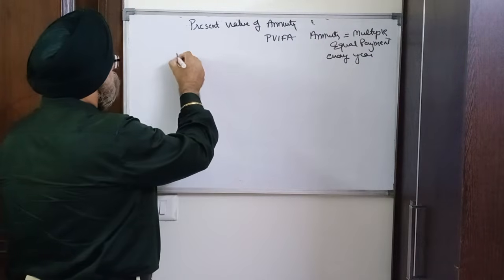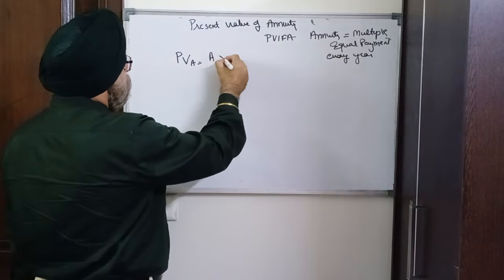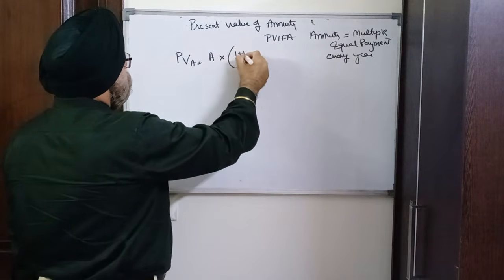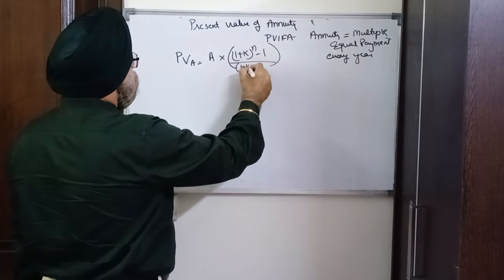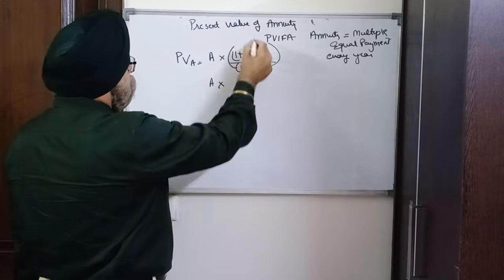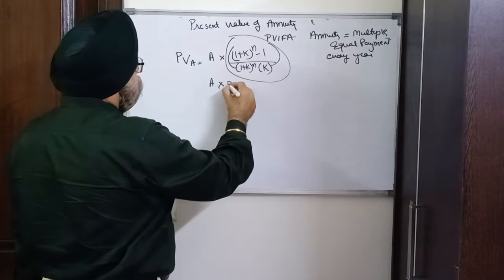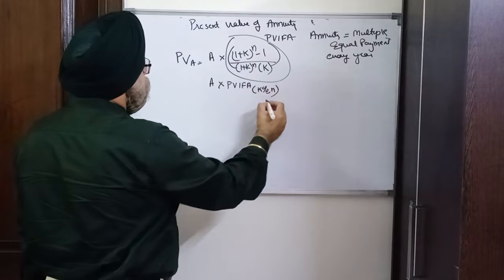So the formula will become present value annuity is equal to A, annuity, into 1 plus k raised to power n minus 1 upon 1 plus k raised to power n into k. And this whole thing can be written as PVIFA k percentage comma n.